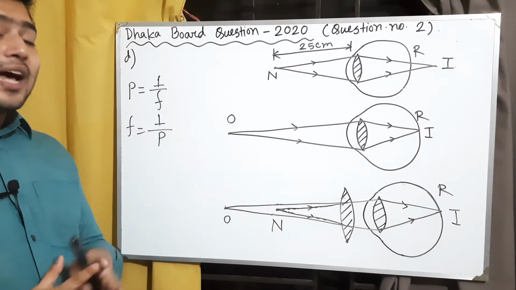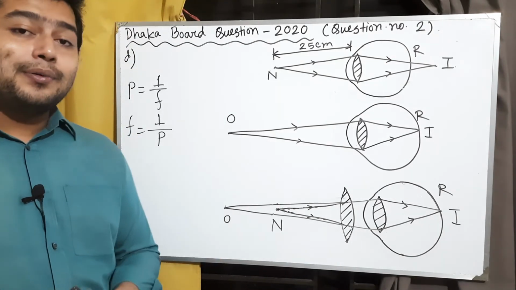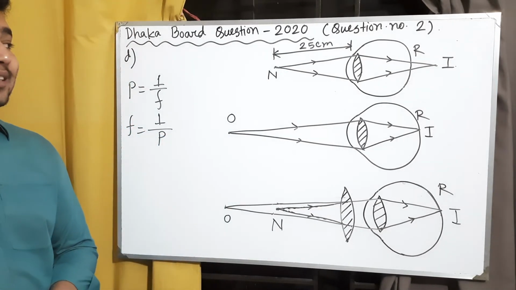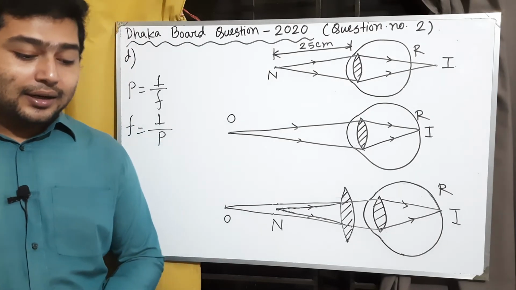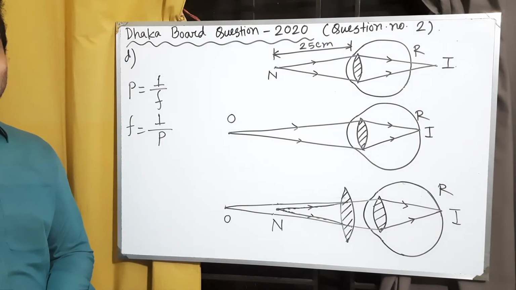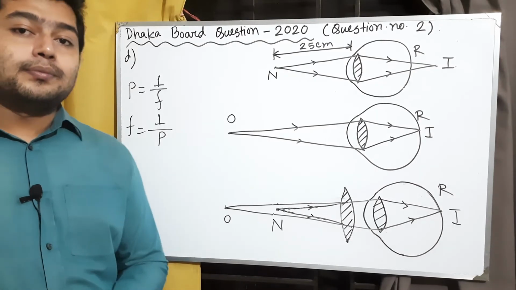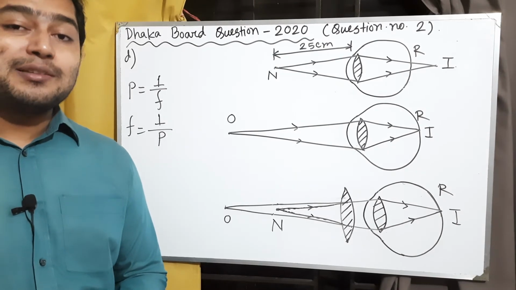The name of this eye problem is hypermetropia, and an eye with this type of defect cannot see near objects. So the problem of Mina's grandmother is hypermetropia.